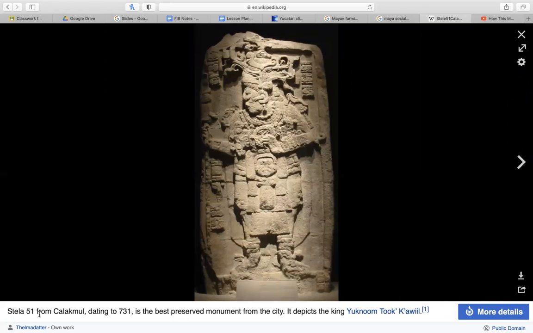So as we see from the bottom, it says Stela 51 from Calakmul, and it's dating to 731. This is the best preserved monument in that particular city. But it's pretty impressive that they took the time to scribe these out. It wasn't like sharpening your pencil and putting it on a piece of paper. You had to use stone and rocks to kind of carve your way.